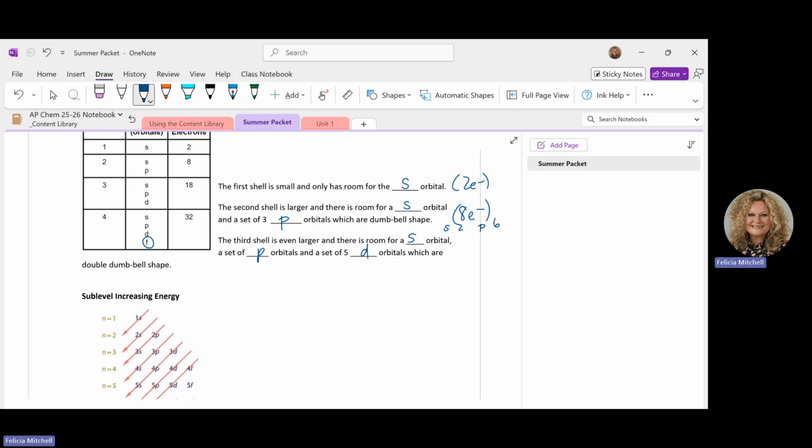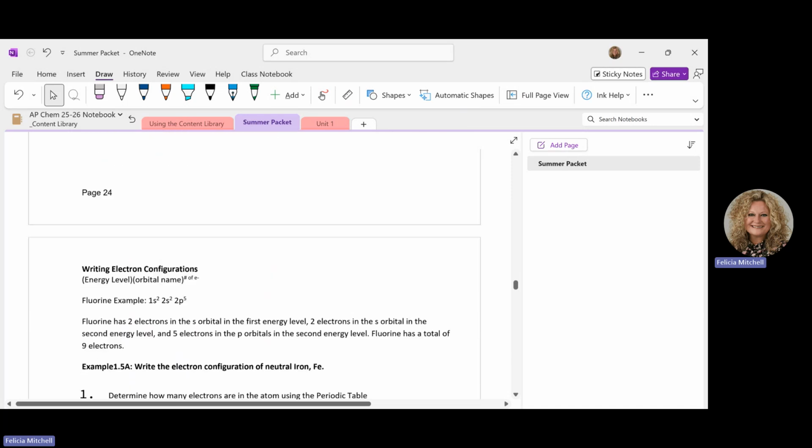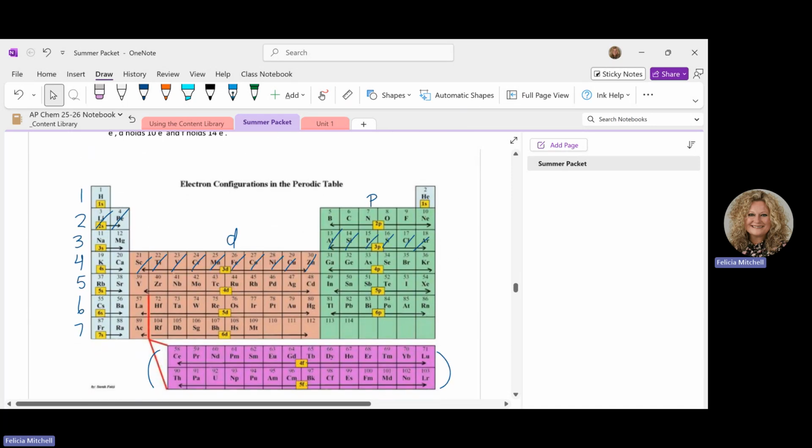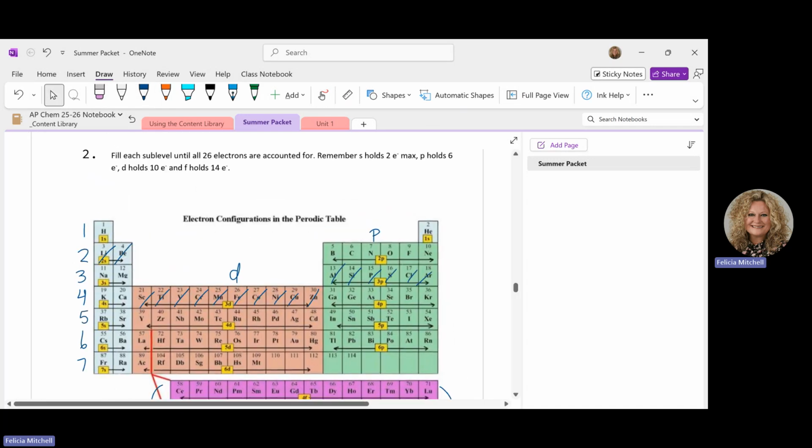The trick to that is to remember, when you're looking at that third row, you only see the S and the P. What do I mean by you don't see the D? Remember, this is 3D.